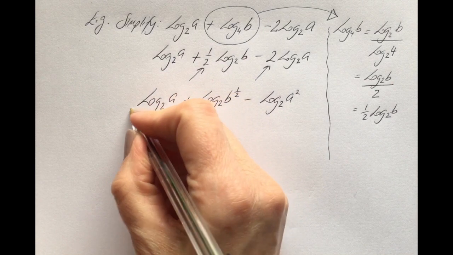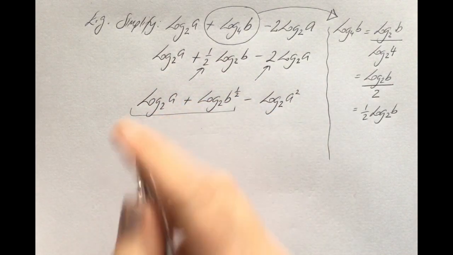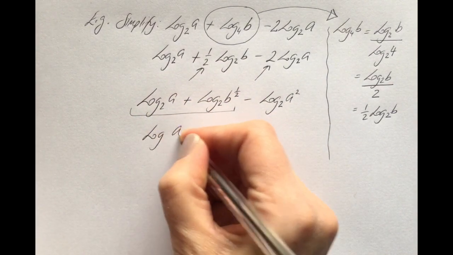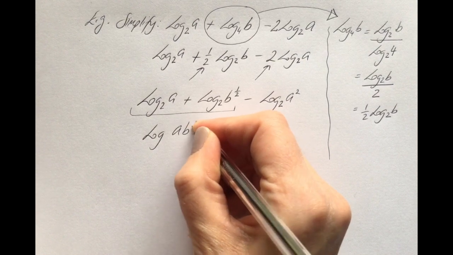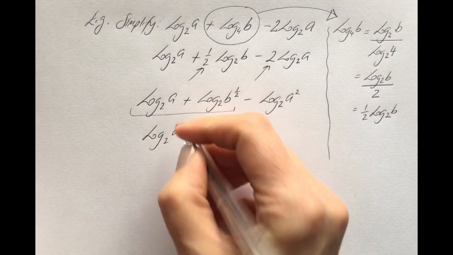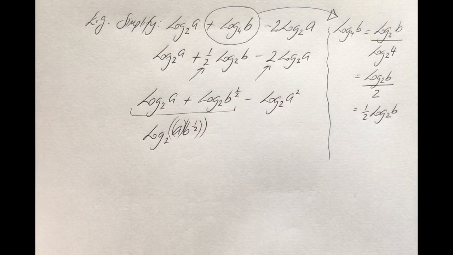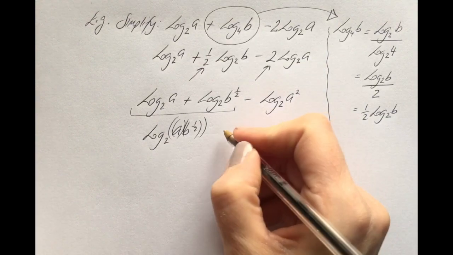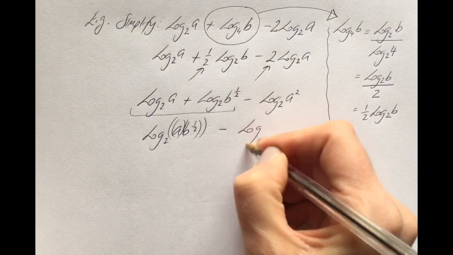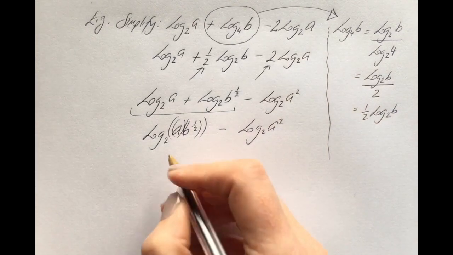And now, when I add my logs, of course, I can multiply. So a times b to the power of a half, which is a b to the power of a half, if you want to write it like that. There's a few different ways you can write it, of course, and I'll show you them all. And then I'll have minus log a squared in the base 2.